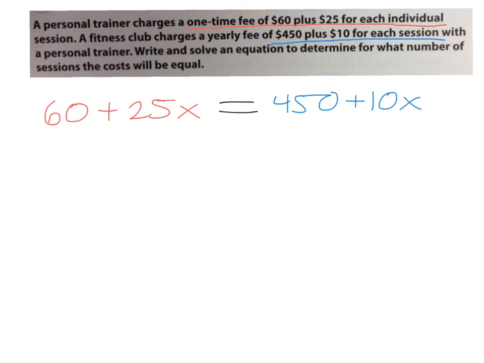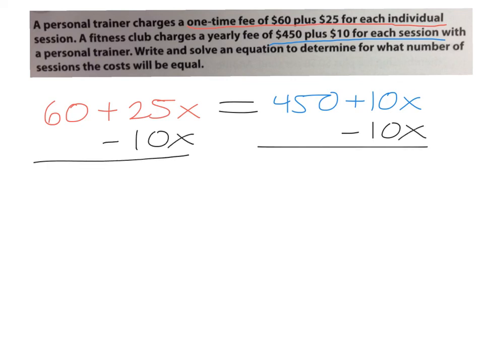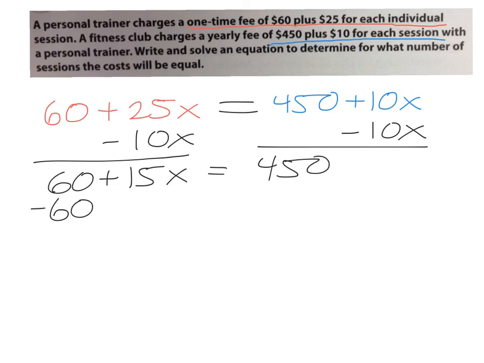Now I can solve this. What do I do first? Subtract 10x from both sides. When I do that, I get 60 plus 15x equals 450. Now I will subtract 60 from both sides.